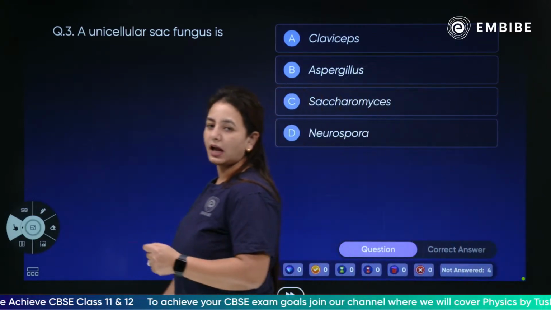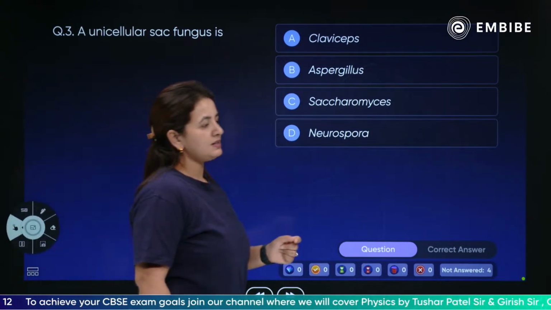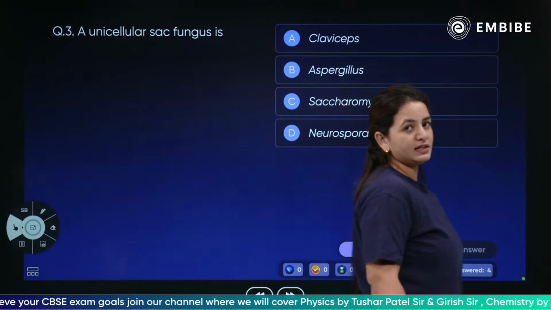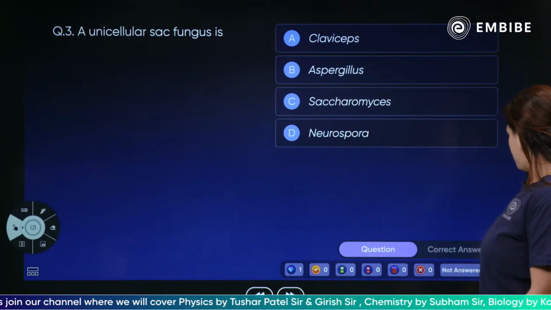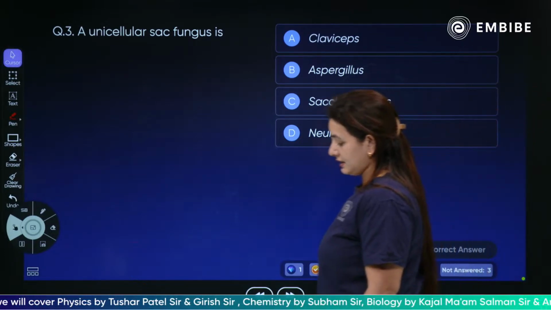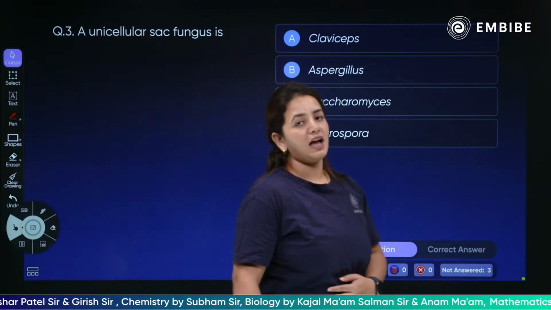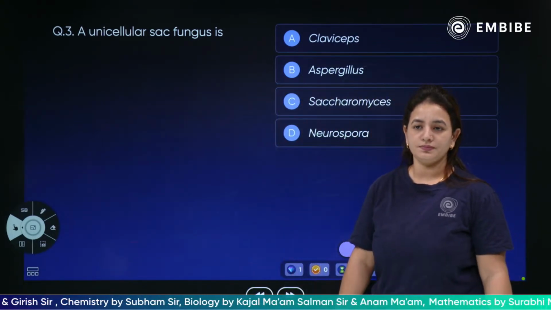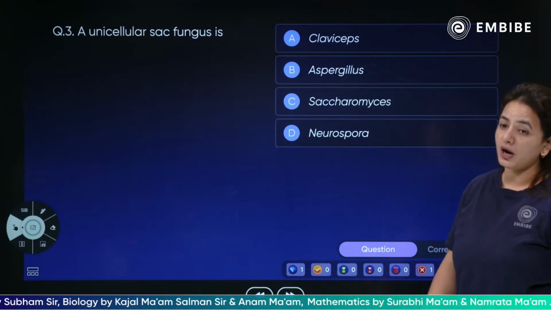Claviceps, Aspergillus, Saccharomyces, Neurospora. Which among them is a unicellular sac fungus? Come on, children, quickly answer this.